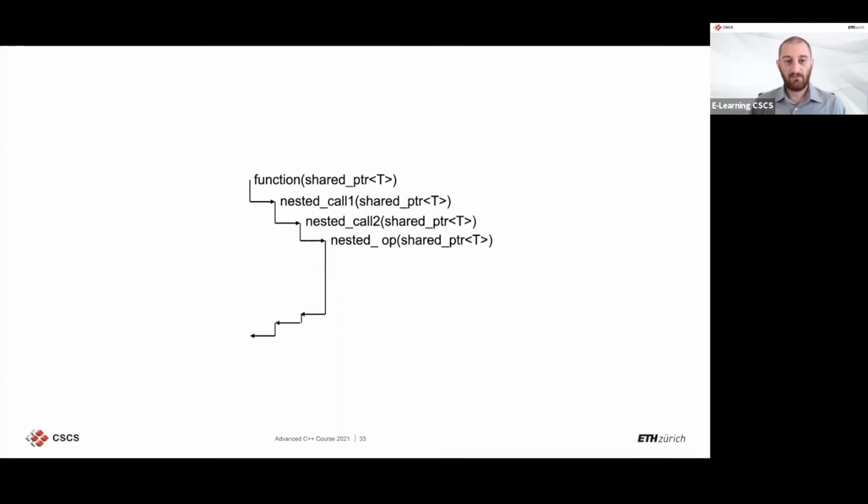Let's see one example, where I try to depict nested function calls. The external function, named function, gets in a shared pointer that it passes through some nested calls, and it arrives at the deepest one, which is nested op, that still takes the shared pointer.